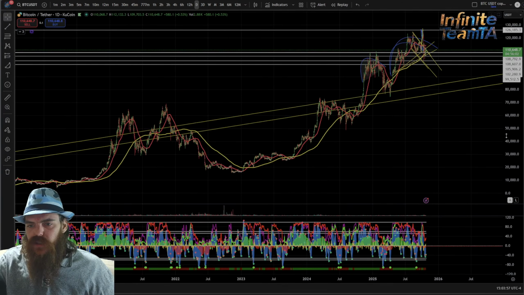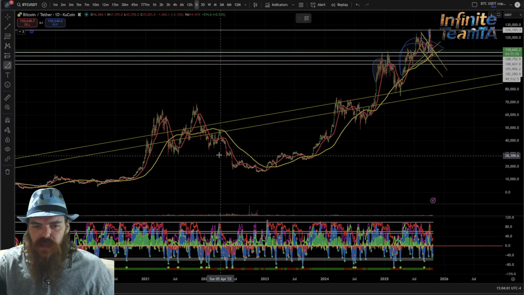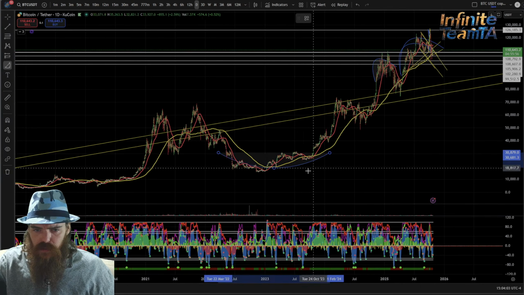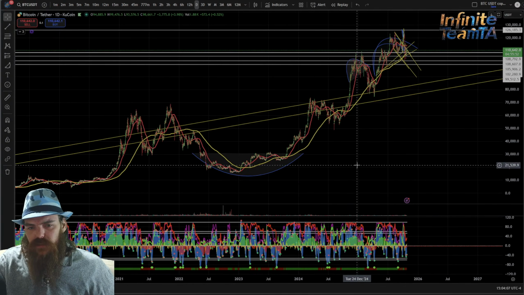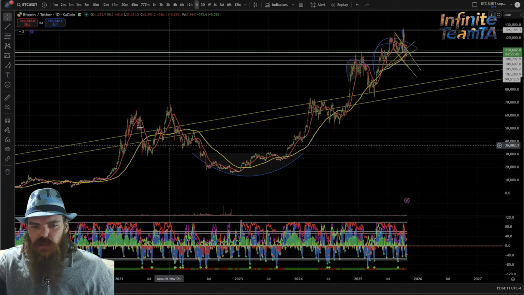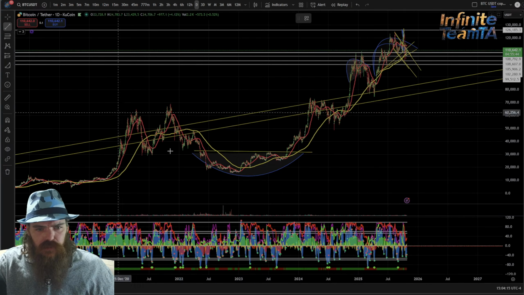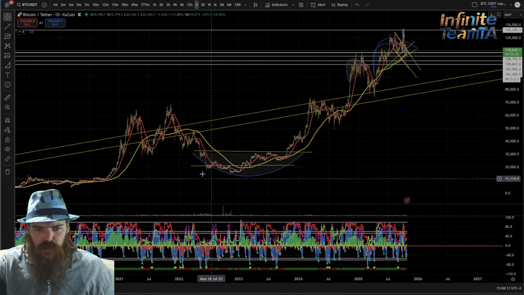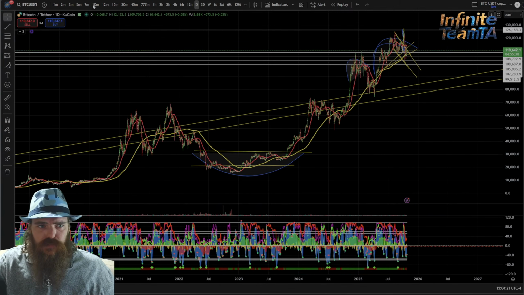If you're looking at a larger time frame, you can still find all these same patterns. But obviously, if you're looking at the daily, you're looking at the exact same move here. You've got this consolidation and a trend change.